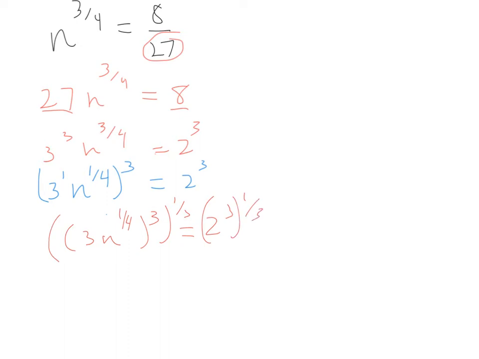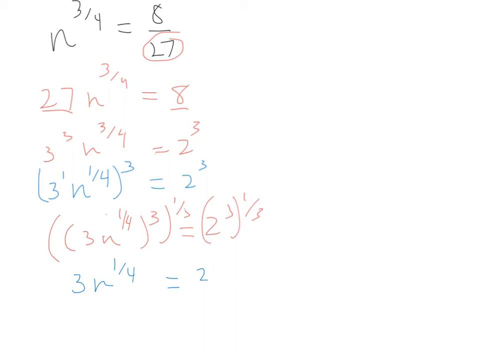So now, once again, according to the index law, if we're raising something to a power, we multiply these two. So once again, we're going to multiply that out. So what we're left with here is this will cancel with that. So we are left with 3n to the power of 1 over 4, because a third times 3 gives us 1, and then equals 2.